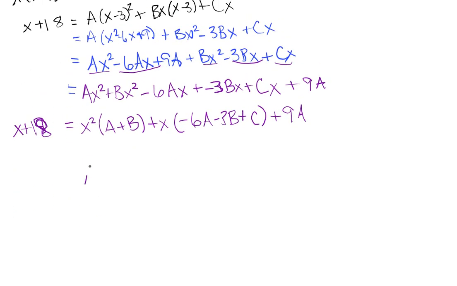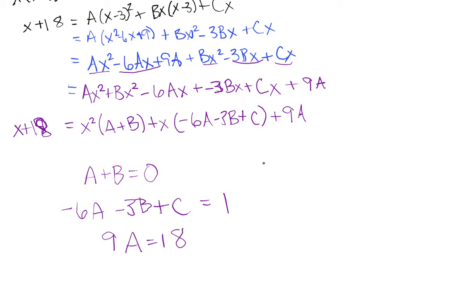So, A plus B has to equal 0. Negative 6A minus 3B plus C has to equal 1. And 9A equals 18. So A equals 2. If A equals 2, then B equals -2. And if A equals 2, so that's -12 plus 6.